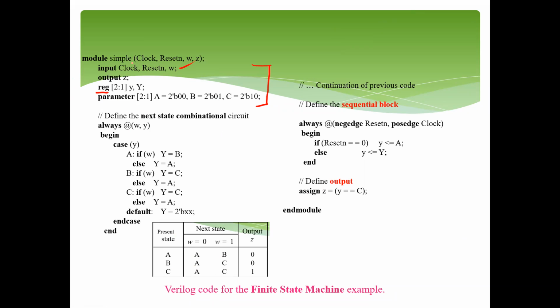You declare your inputs. Of course, you're going to have a clock for your flip-flops and a reset, either a reset or reset n, depending on the question. If it's a positive reset or a negative reset, or as we mentioned before, active high and active low, and your input W. And we have an output Z, and then declare any regs that we have.